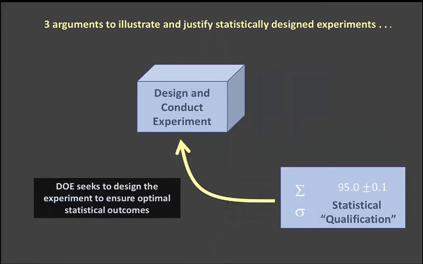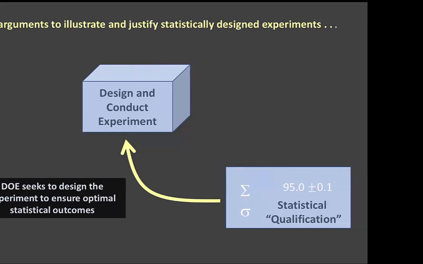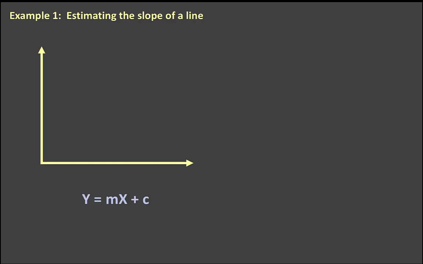I want to look at 3 arguments that illustrate and justify these statistically designed experiments. Let's take a look at the first one. We can often, in science, have a situation where the goal is to measure the slope of a line. So hopefully we're familiar with the notion of the equation of a line.